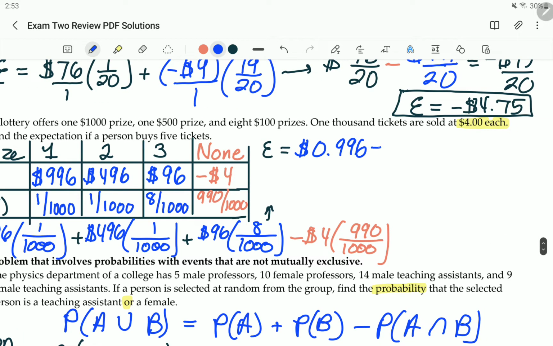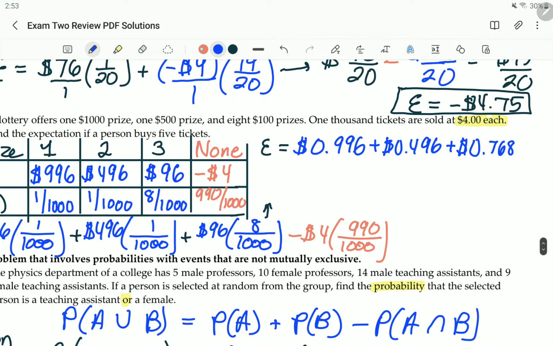Plus, when you do the second one, that's going to be 0.496. When you multiply 96 with 8 over 1,000, that's plus 0.768. And then when you look at the 4 times 990 over 1,000, that's going to be minus $3.96.